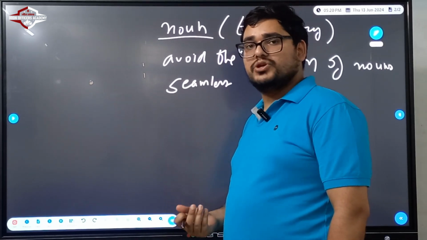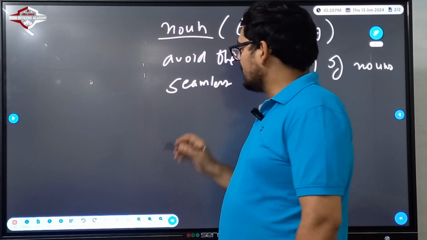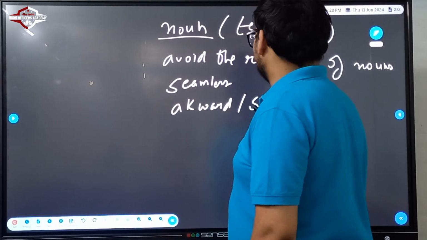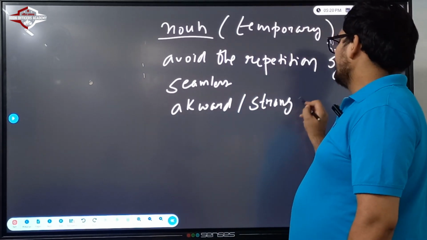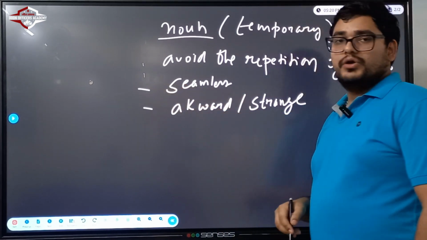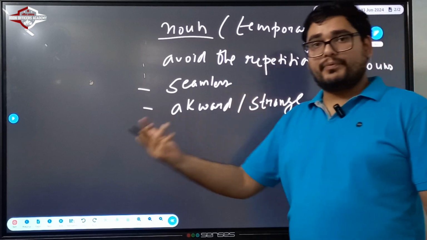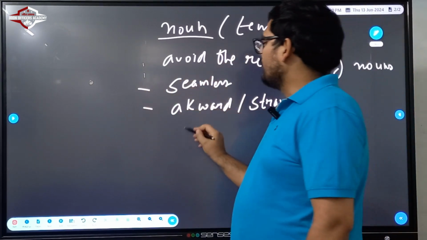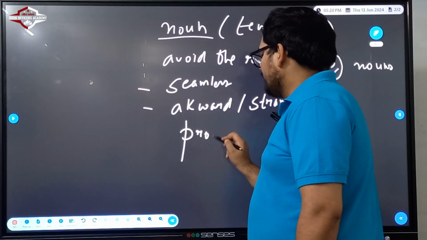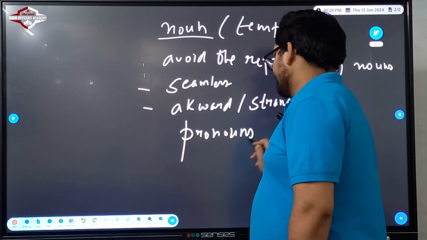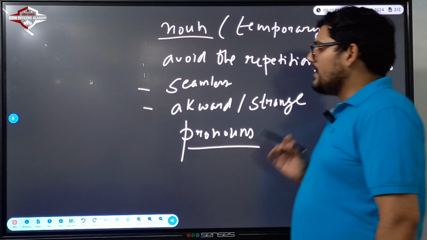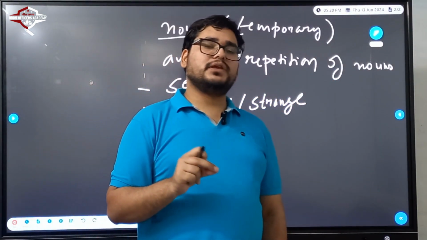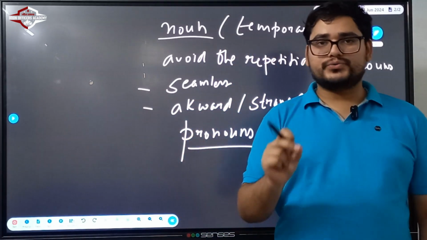Because your speech with the usage of nouns again and again looks very awkward, very strange and uncomfortable. So to avoid these factors, we use pronouns, right? So I hope, student, that now you have understood what pronouns are. This is the first thing we need to keep in our mind.